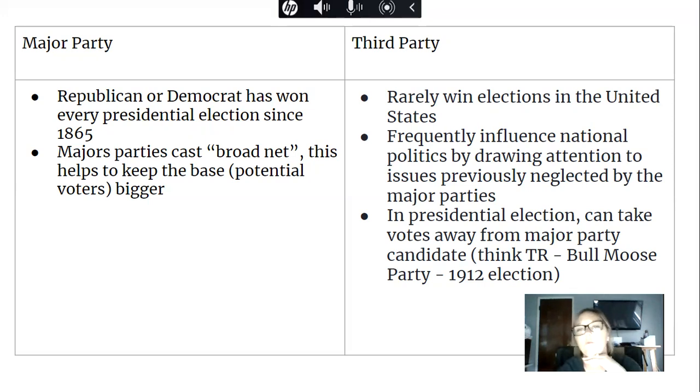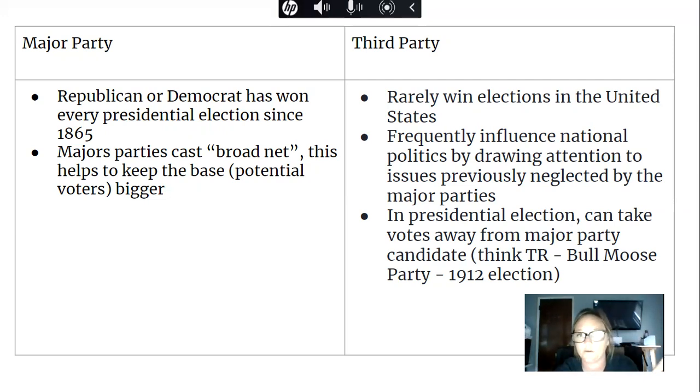On the other hand, with third parties, obviously they rarely win elections in the United States. They frequently influence national politics by drawing attention to issues previously neglected by major parties. That's a big role that third parties play. They can draw attention to things that maybe the two major parties just don't seem to care about. I would give you the example of the Green Party.